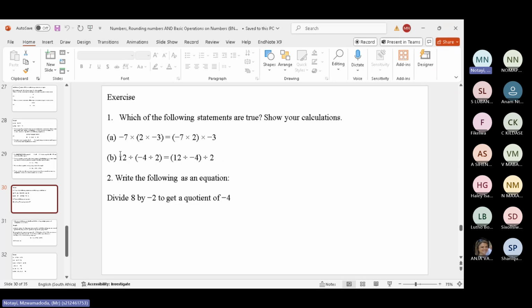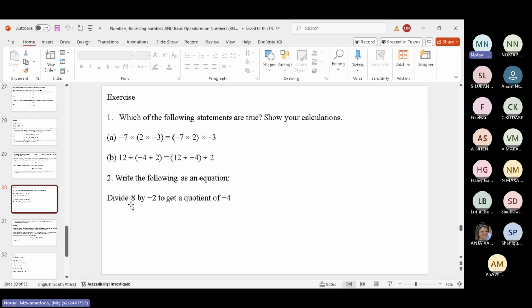You got that one correct, guys. Again, well done. Now write the following as an equation. Divide 8 by -2 to get a quotient of -4. So just write 8 divided by -2 is equal to -4.